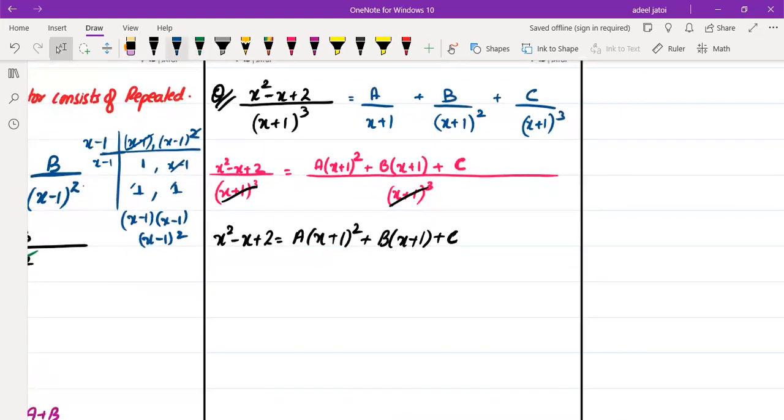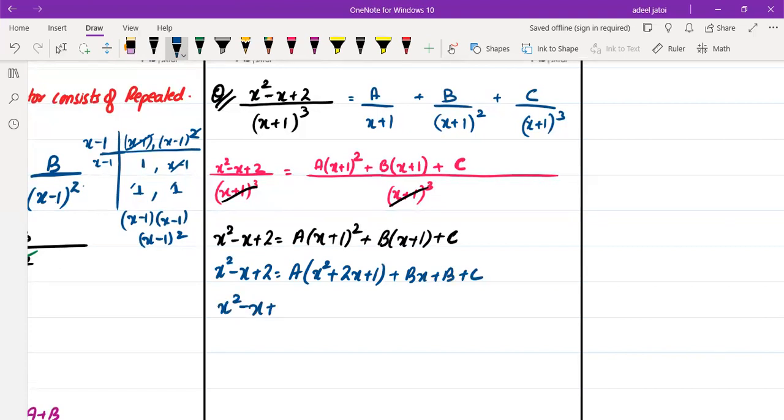So just open the brackets. x square minus x plus 2 will be opened as a(x square plus 2x plus 1) plus bx plus b plus c. Furthermore, we open it as ax square plus 2ax plus a plus bx plus b plus c.